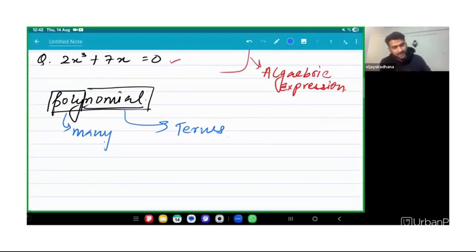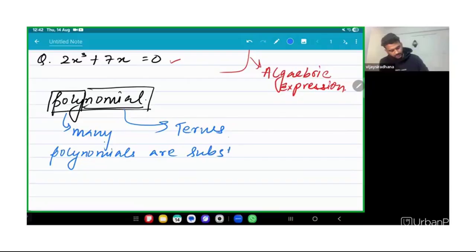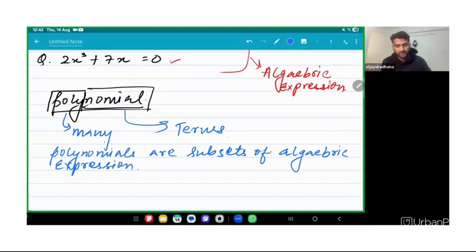So the definition of polynomial will be, polynomials are a subset of algebraic expression.